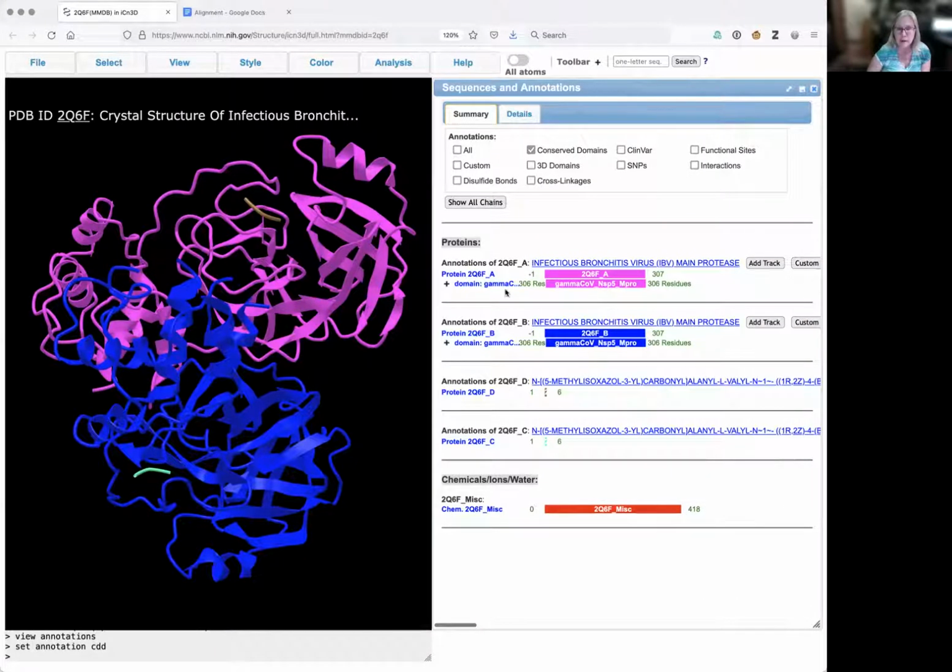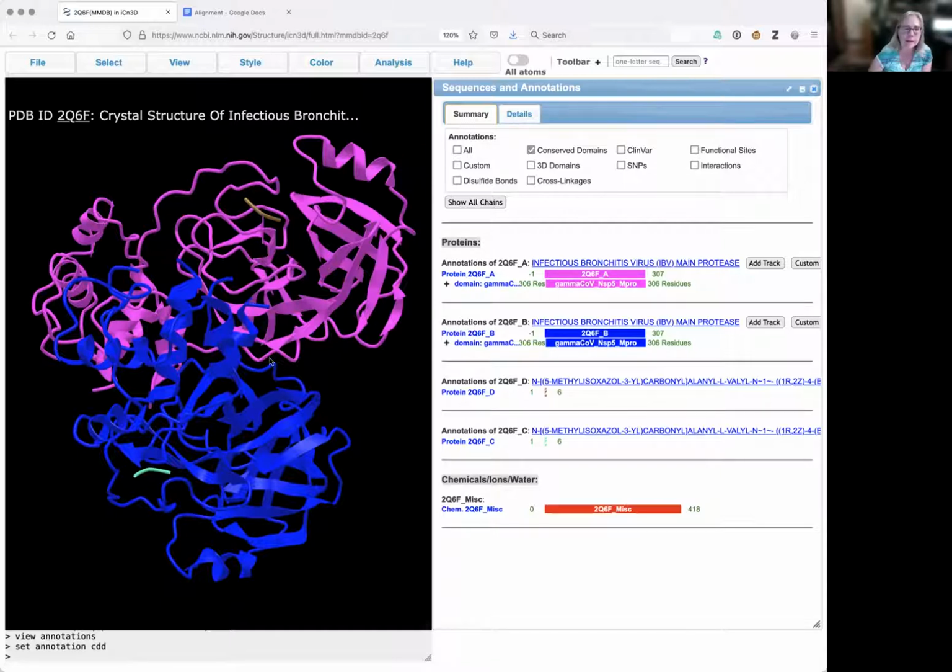I find sometimes that information about the structure is present in the first chain of the protein, but it's not always present in the second. So if I have more than one identical protein chain, I almost always pick chain A to work with.